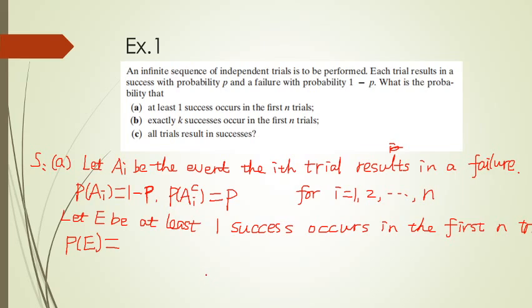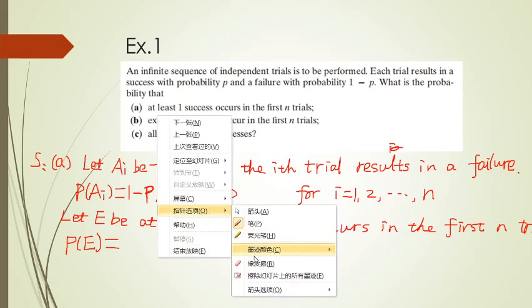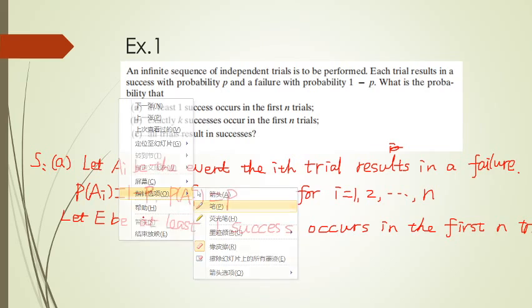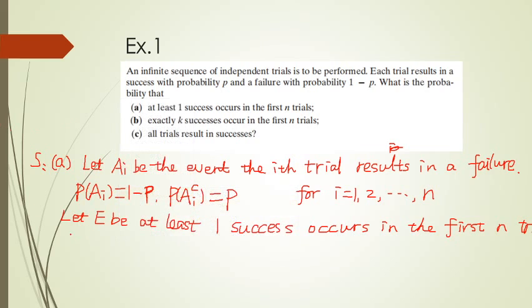Then what is the complement? What does E's complement mean? So let's think about the complement of this event E. At least one success means in n trials, you might have one success plus n minus one failures, or two successes plus n minus two failures, right?